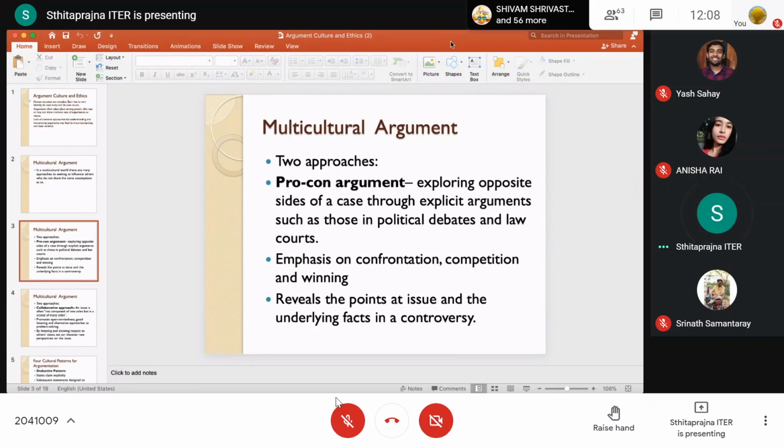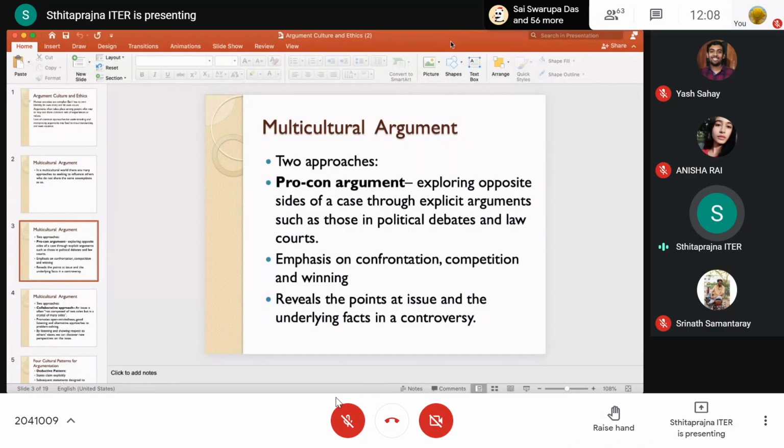Either you're trying to look at the benefits or the demerits. That's the first approach, the pro-con argument, which explores opposite sides of a case through explicit arguments, which happens in political debates and in the courts.